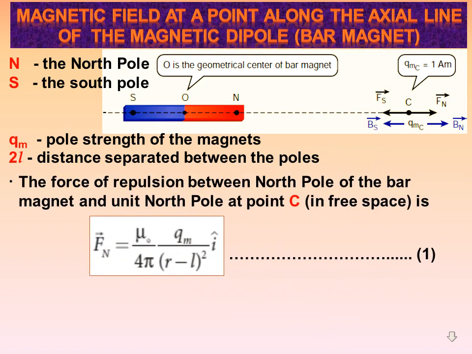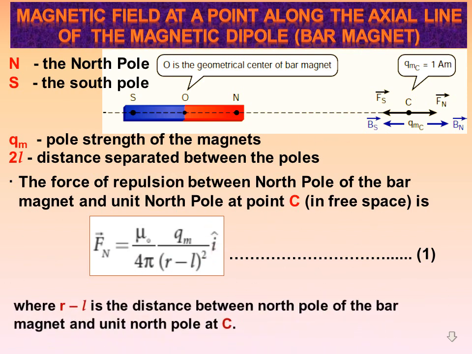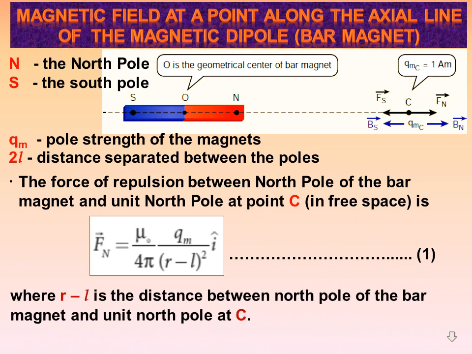The force of repulsion between the north pole of the bar magnet and the unit north pole at point C, in free space, Fn vector is equal to mu naught by 4 pi into Qm by (r minus l) the whole square, i cap. Here r minus l is the distance between the north pole of the bar magnet and the unit north pole at C. Okay, this.